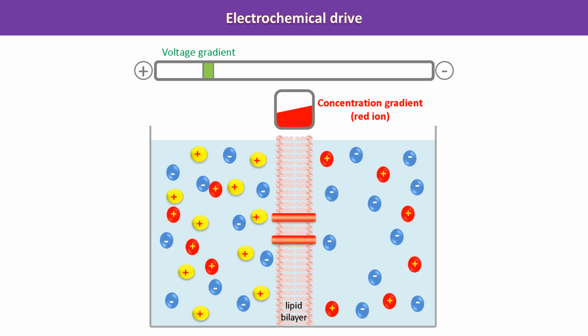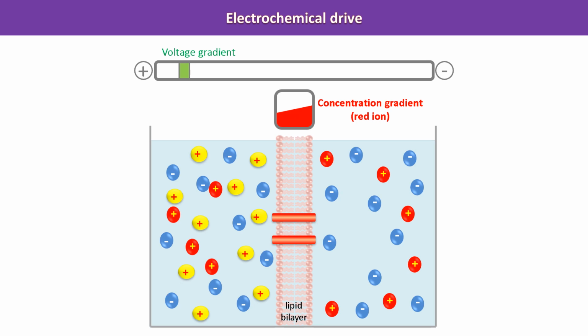As the voltage gradient increases, the positive charge in the left-hand chamber repels the movement of further cations. It therefore opposes the concentration gradient that is driving red cations to the left. As a result, the ions don't keep moving across the membrane until they are equally distributed on both sides.